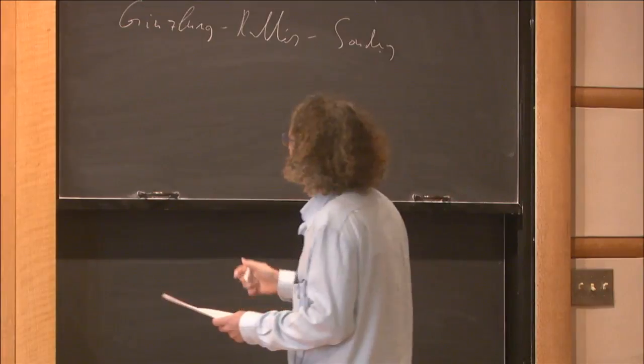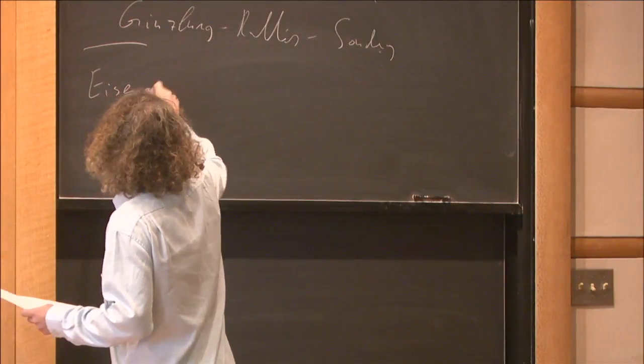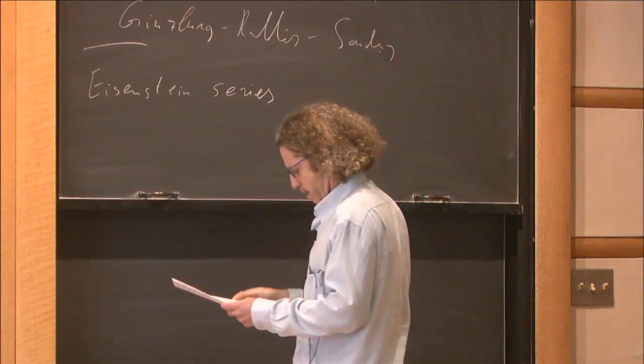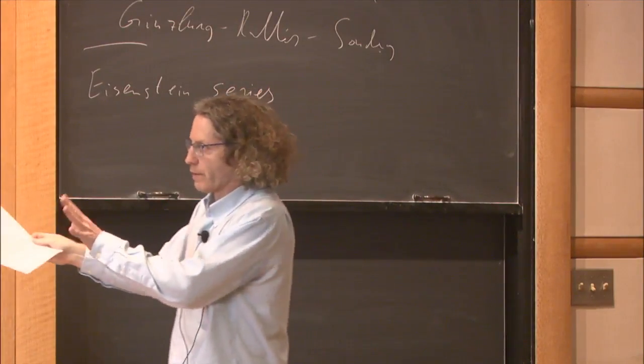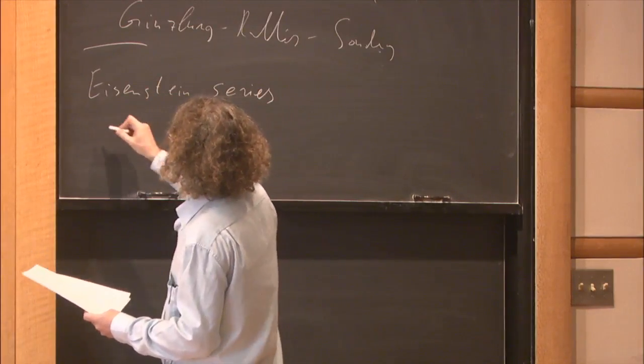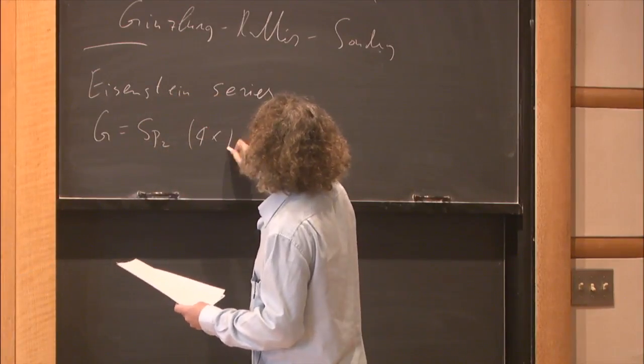Okay, so the first order of business is just to tell you something about Eisenstein series. I will just do things in the case at hand for simplicity. So G will be SP2. For me, it's 4x4 matrices.